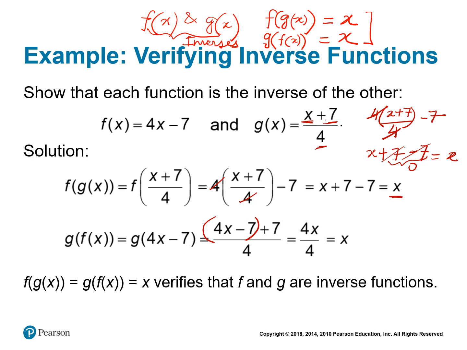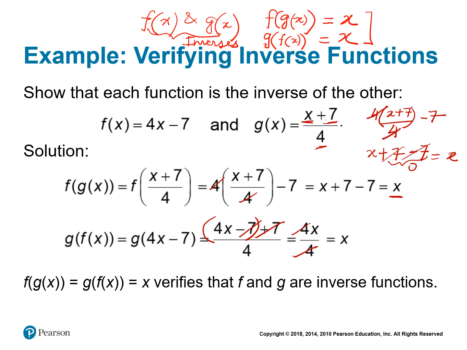Again here we see minus 7 and plus 7 become 0, so we are left with 4x divided by 4, and then the 4 and 4 divide, and we are left with x.